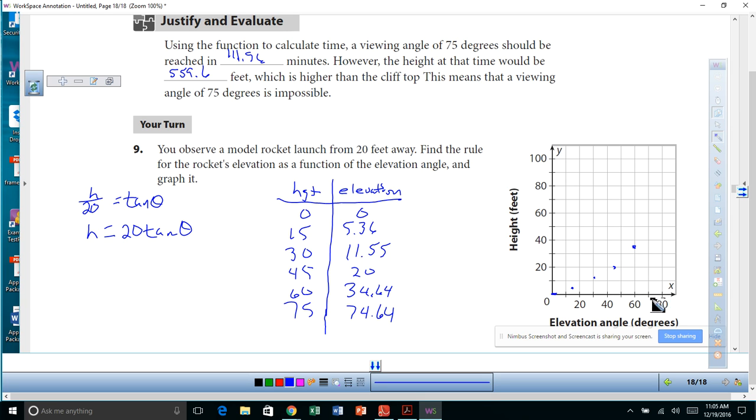And then 75 would be 74, it's going to be right up there. So it's going to look like this, and it should look something about like that. Not too bad.